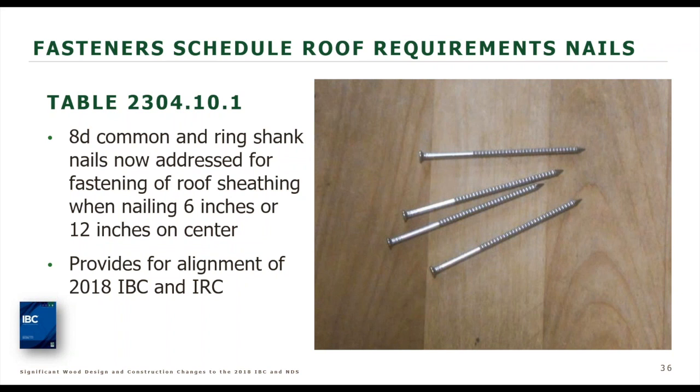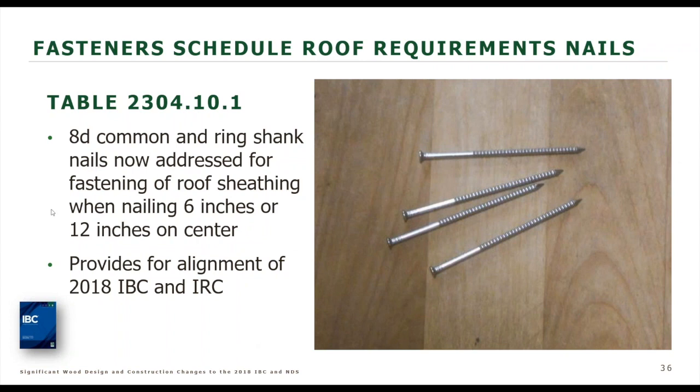And what we found is that when testing was done on, say, the 8 penny box nail, it showed that there was insufficient capacity in that 8 penny box nail in lower density roof sheathing when we're in the high wind regions. For example, in 130 or 140 mile per hour areas, the 8 penny box nail just didn't provide that capacity.